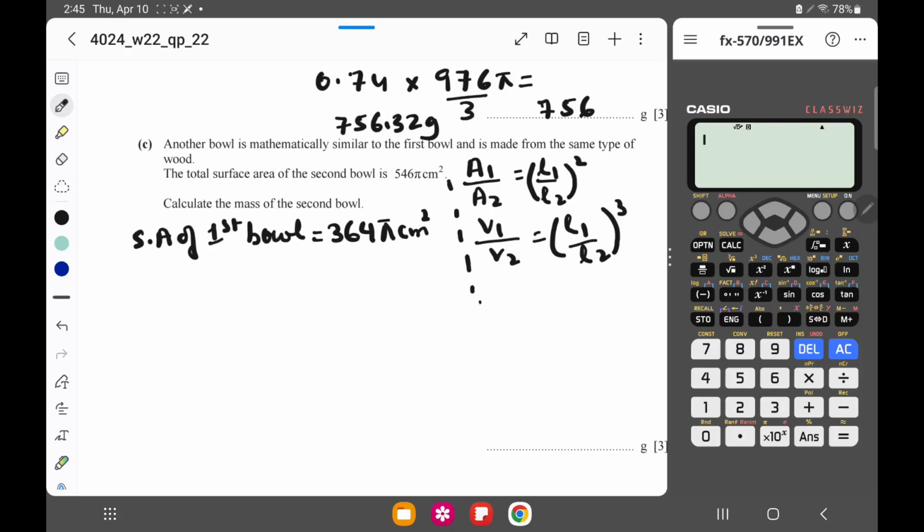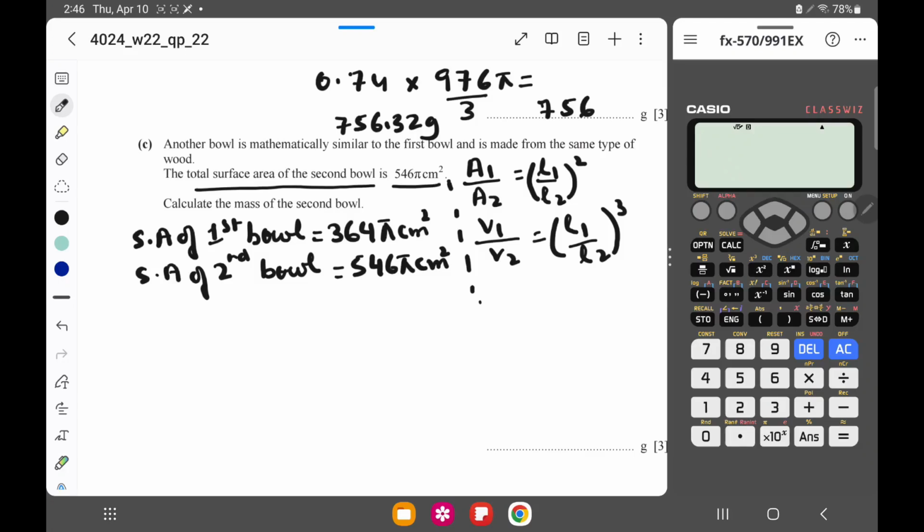Now the total surface area of the second bowl, which is given here, is 546 pi square centimeters. So these two things are given.